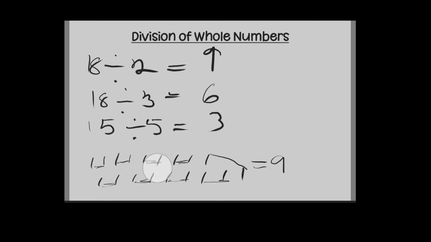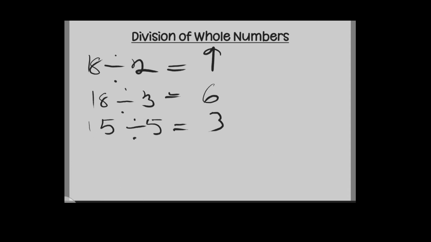The same thing for 18 divided by 3. I draw 1, 2, 3, 4, 5, 6, 7, 8, 9, and 1, 2, 3, 4, 5, 6, 7, 8, 9. This is 18 strokes. If I divide by 3, which is sets of 3 each, I have 1, 2, 3, 4, 5, and 6. We can do the same thing for 15 divided by 5.